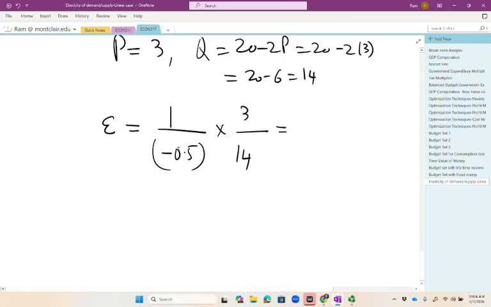I can simplify. Half times 14 is 7, so I have negative 3 over 7. And you can see this is a number greater than -1. So I can say demand is inelastic.